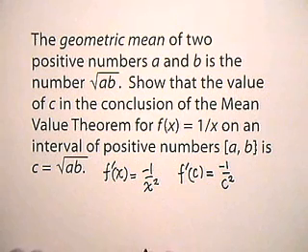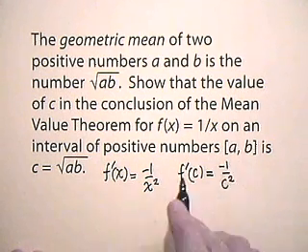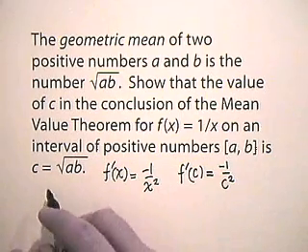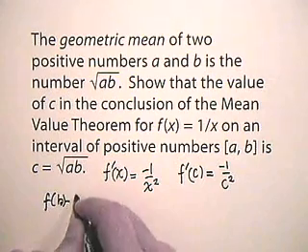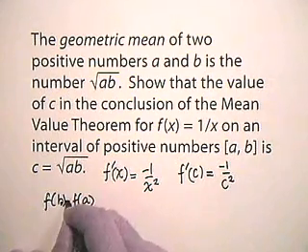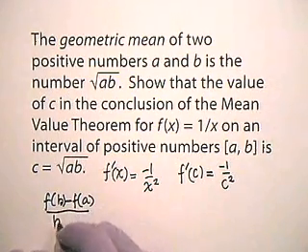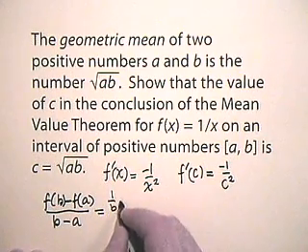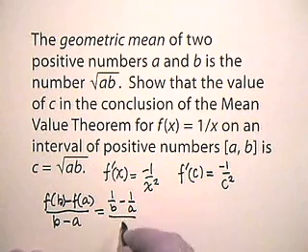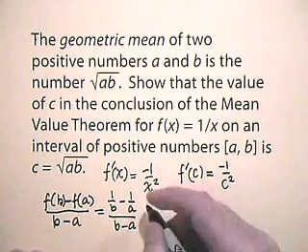On the other hand, let's compute exactly what the rate of change is over that whole closed interval. That's f of b minus f of a divided by b minus a, which in this case is simply 1 over b minus 1 over a divided by b minus a.